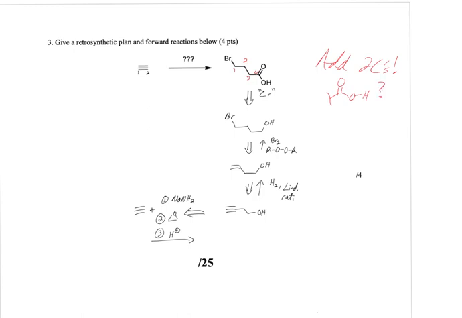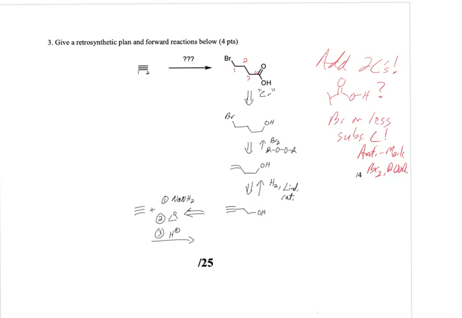I only know one way to make those, with chromium from primary alcohols. I see the bromine on the less substituted carbon. So that's anti-Markovnikov, which makes me think maybe Br2 and peroxides.